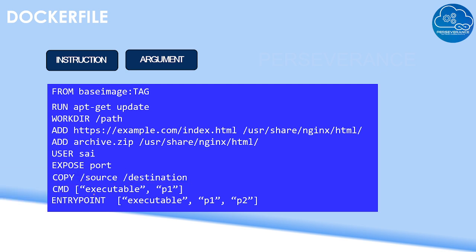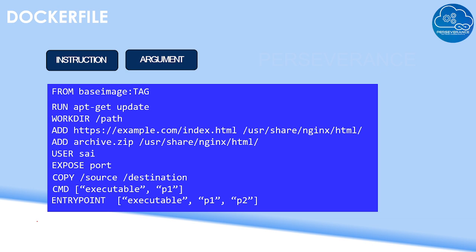Now, these two are very crucial, which are CMD and ENTRYPOINT. I'll explain these in later lectures, as it is a separate topic, because these two are launch time executors, meaning when a container is launched or started, these commands will be executed. The rest are all straightforward, but CMD and ENTRYPOINT are not basically straightforward.